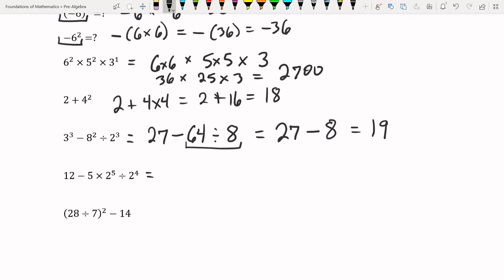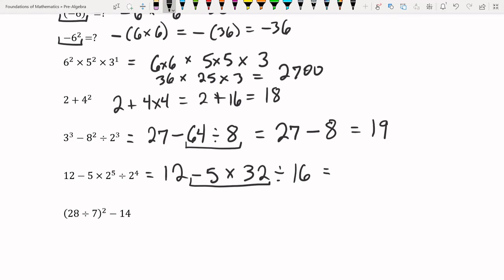Okay. 12 minus 5 times 2 to the 5th power. 2 to the 5th power is 2 times 2 times 2 times 2 times 2. It's 32. 2 to the 4th power is 16. Multiplication and division is done left to right. We have negative 5 times 32.